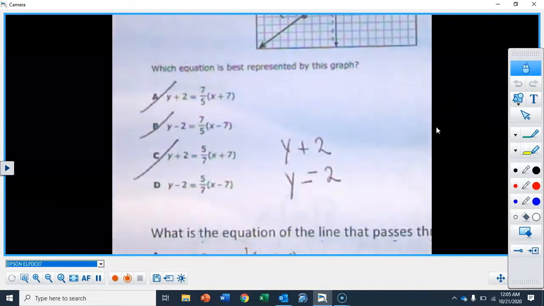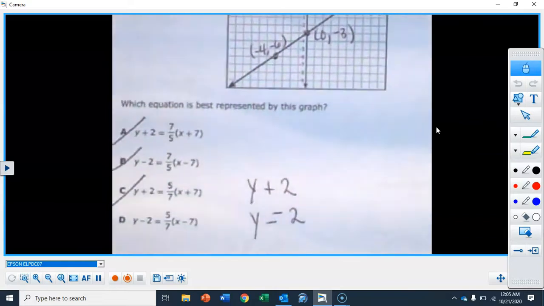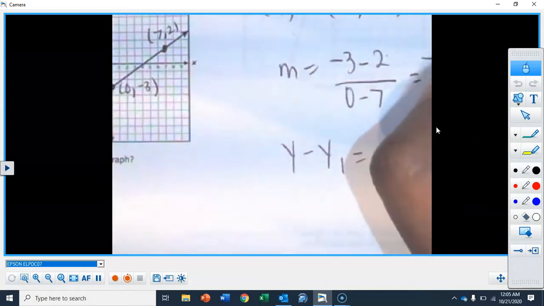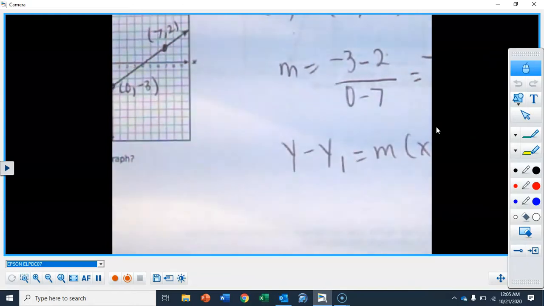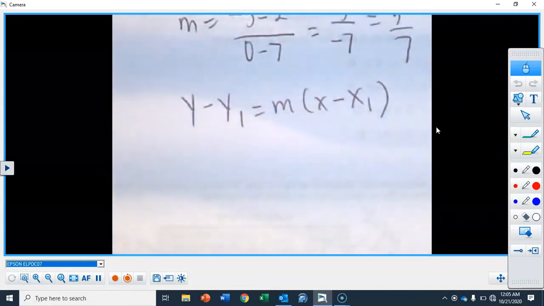What if I told you that? That's another way to look at that. But just to be clear, this is all the reasoning. The next thing we should do is after we had our 5 over 7, we just do y minus y1 is equal to m times x minus x1. And then carefully, we just start plugging in that point 7, 2.